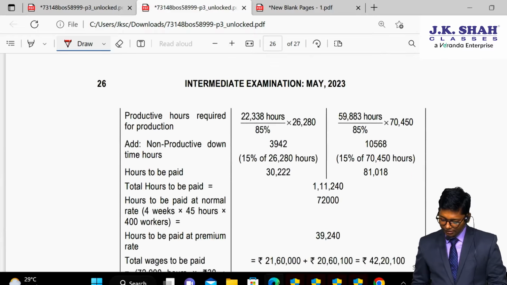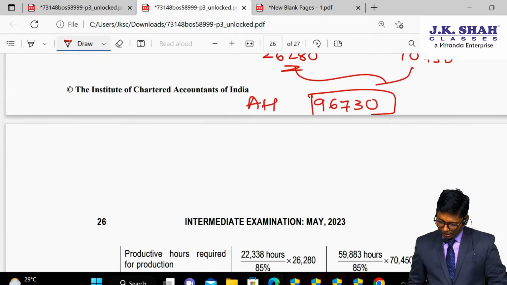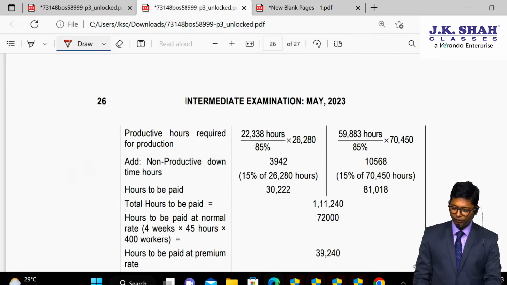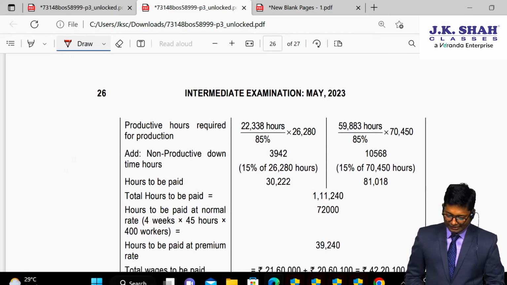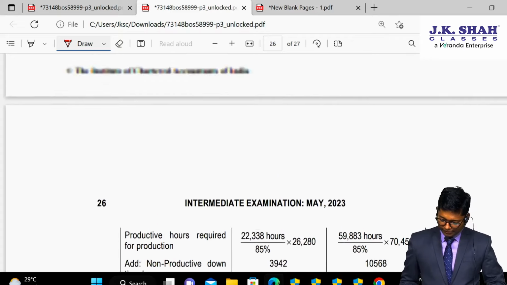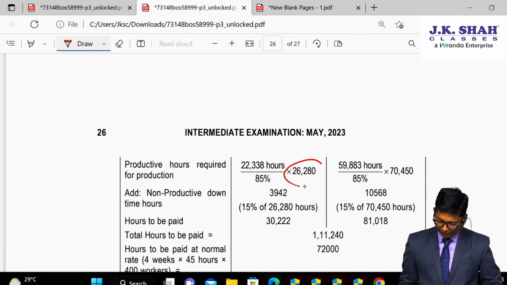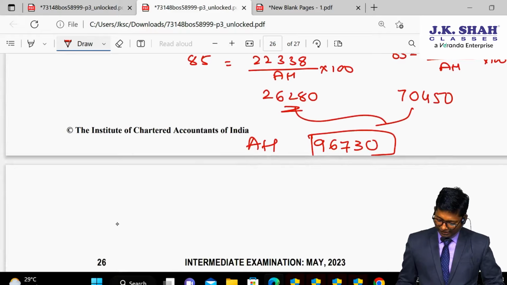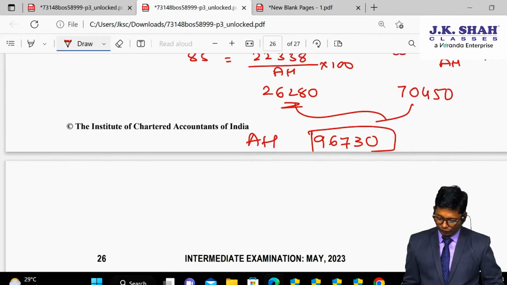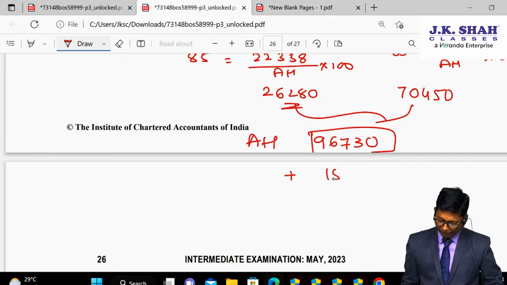You can check here. Total actual hours are computed here. Total number of actual hours according to efficiency you need to compute. Once that is done, after calculation of these hours, you see 26,280 computed, and finally 70,450 is also computed. In that we are going to add 15%.